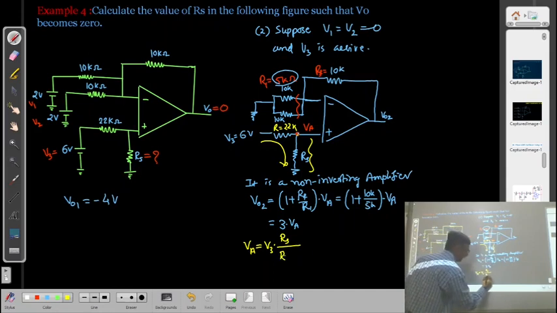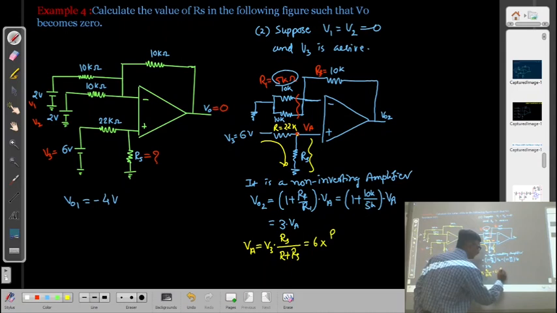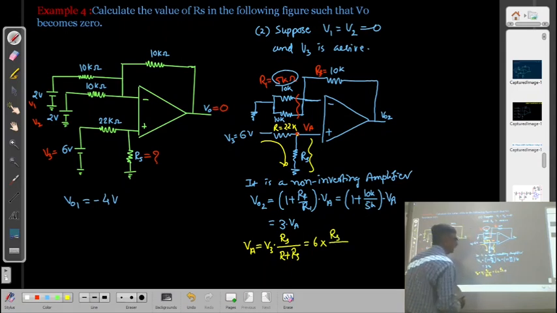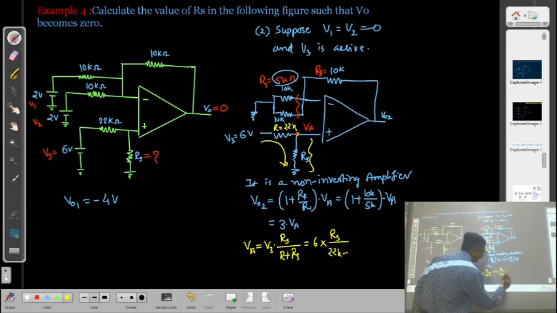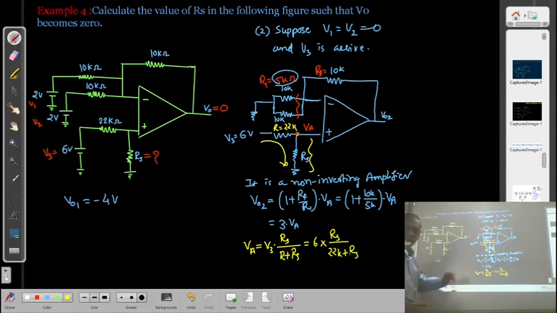So V3 is 6 volt multiplied by RS divided by 22K plus RS. That is my potential VA.